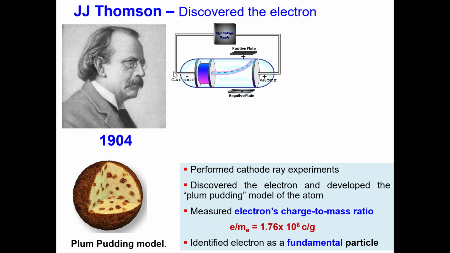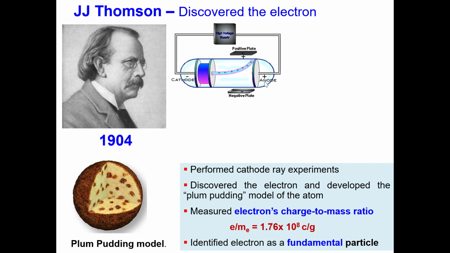In this experiment he took an empty tube, put some metal plates in it, and applied some voltage. One plate was the positive pole, and the other was the negative pole.